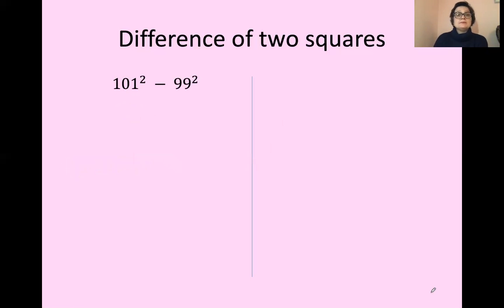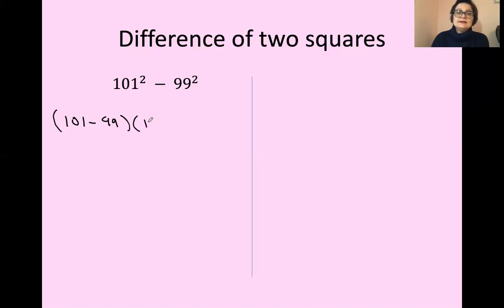101 to the power of 2 minus 99 to the power of 2. Although we are dealing here with numbers, and you might think I can use the calculator to do each of them separately, and then take the difference of the answers, actually, we don't need the calculator because we know now the rule of the difference of two squares. So we go for the first one take away the second one, so 101 take away 99 in brackets.